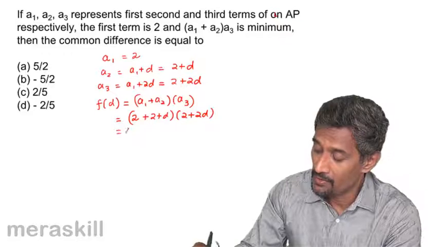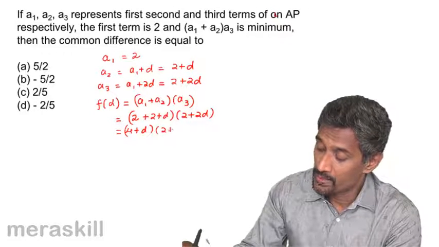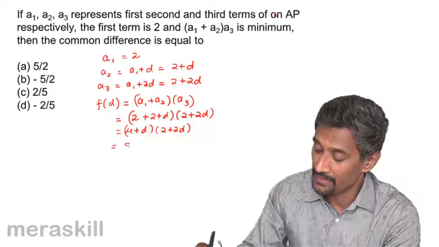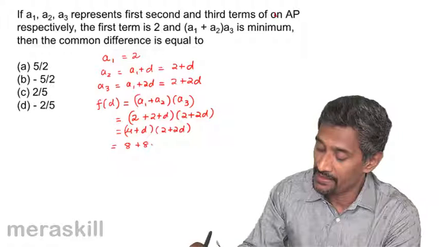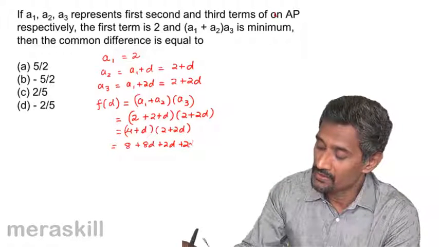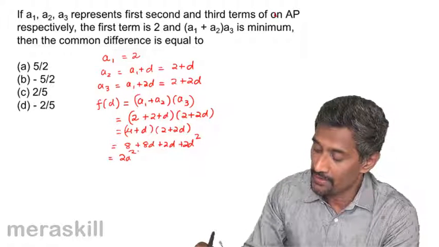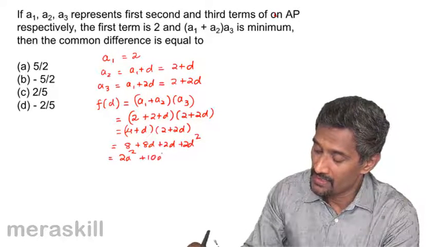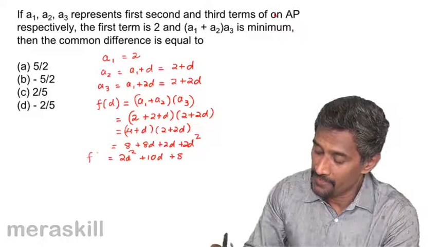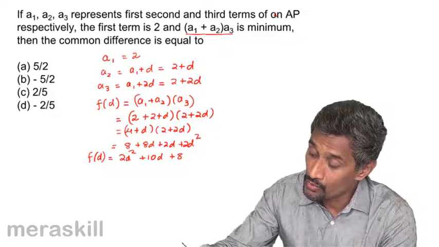So we have (4 plus D) into (2 plus 2D). We need to simplify this. We can write this as 8 plus 8D plus 2D plus 2D square. So this will turn out to be 2D square plus 10D plus 8. So f of D is (A1 plus A2) into A3.